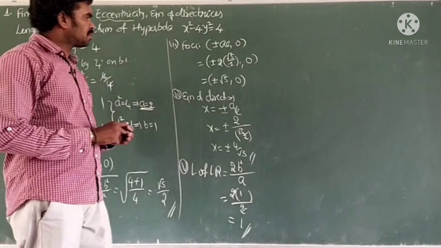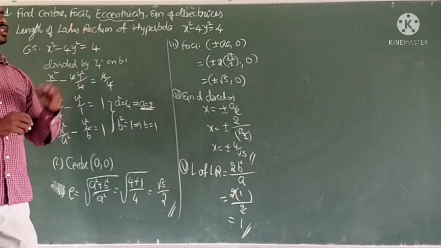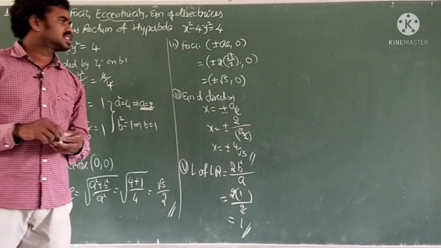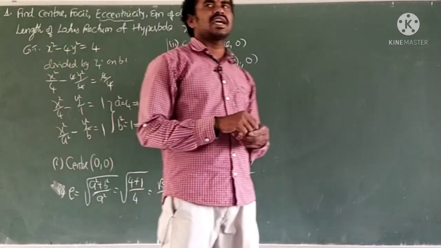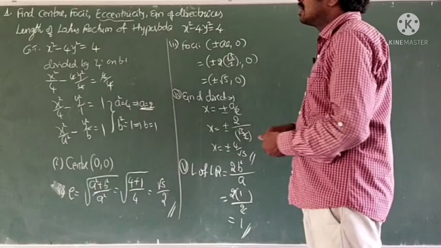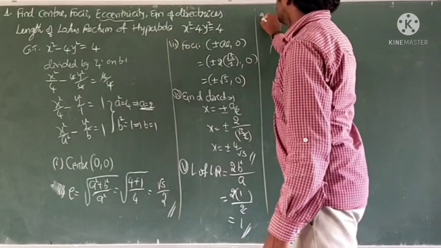In part 1, I have told you the formulas of each and every formula of the hyperbola. The same formulas are like the ellipse. Another 3 questions of this type are there. Let us see the second question also.